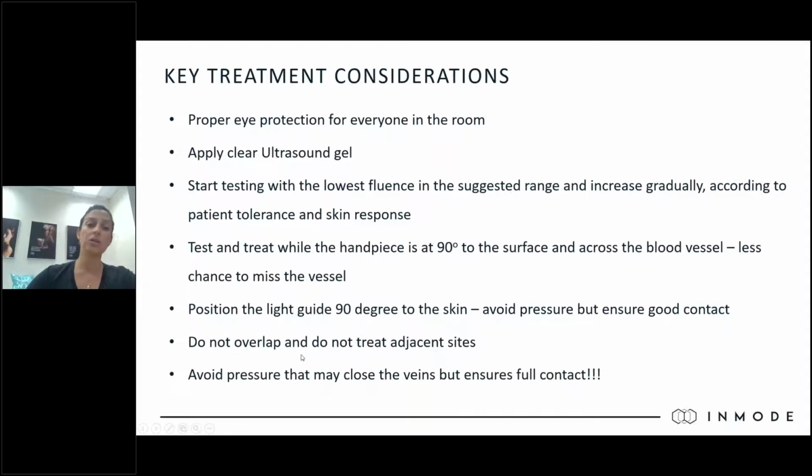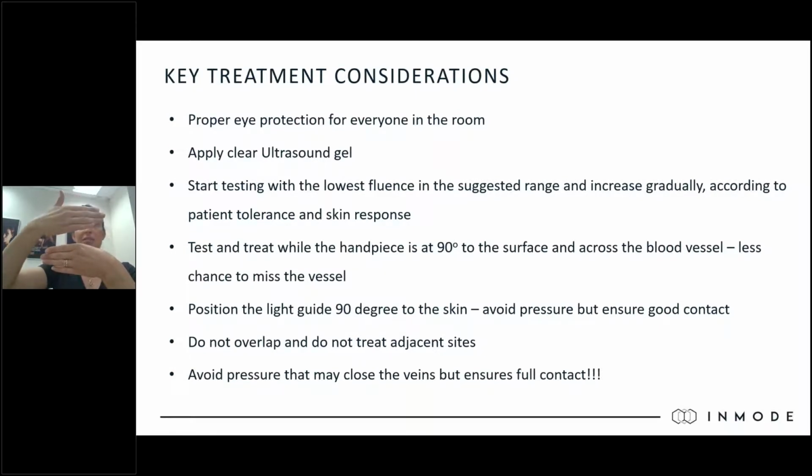We should hold the applicator at a 90 degrees angle to the skin surface, and we should make sure that we're holding it across the blood vessel. The idea is to make sure that we're targeting the vessel in a very good way. So if this is the applicator, we talked about 4 on 3, and that is the vessel.